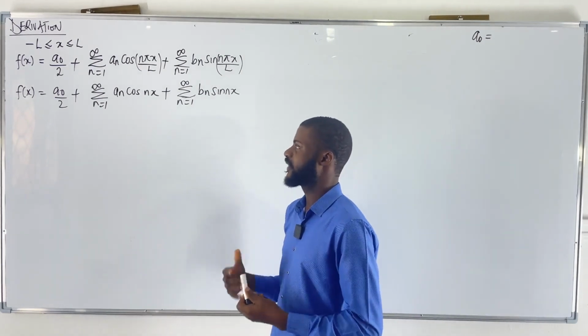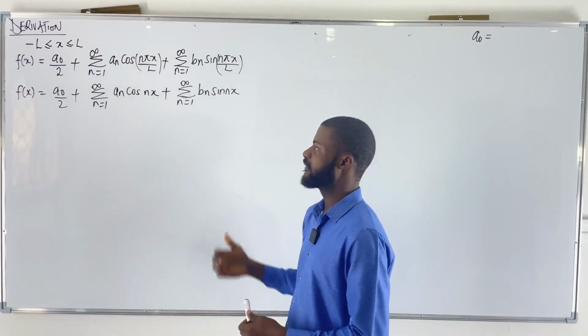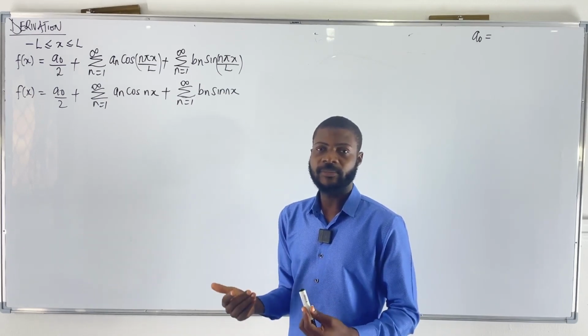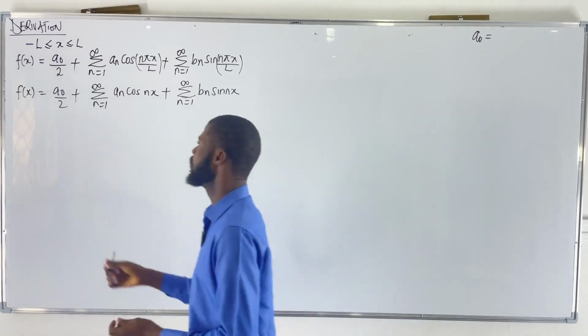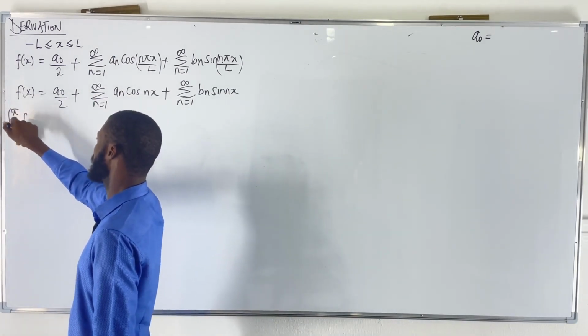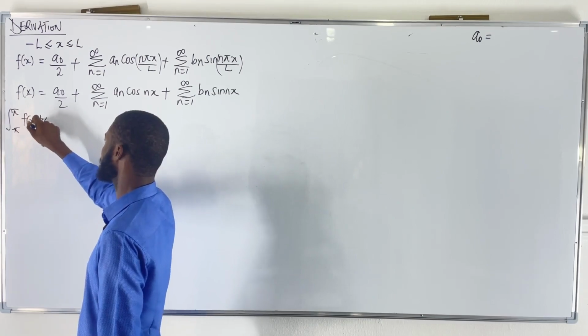The first thing that Fourier did was to integrate every single thing over the period. So let's integrate from minus pi to pi of f of x dx.